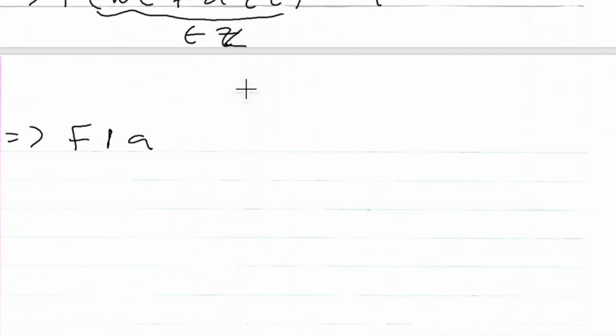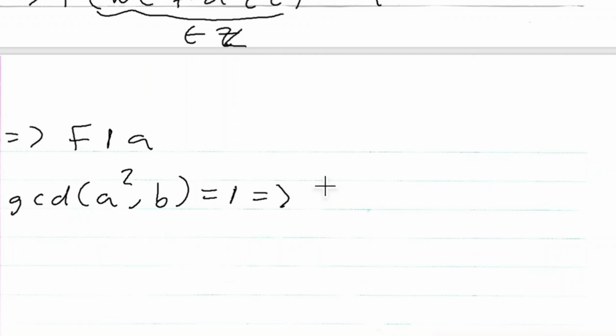So let's see. So I know that the GCD of a, what did I do up here? Yeah, so I know the GCD of a squared and b is equal to 1. So that implies that a squared r plus bs must equal 1.